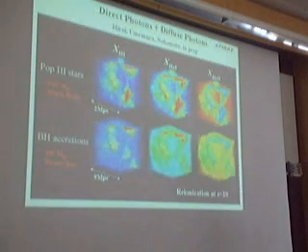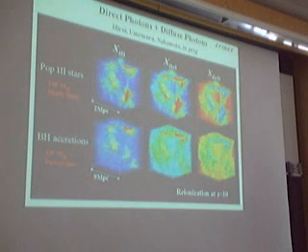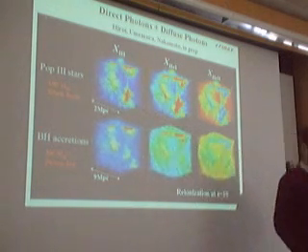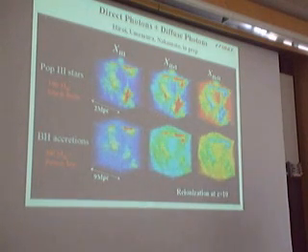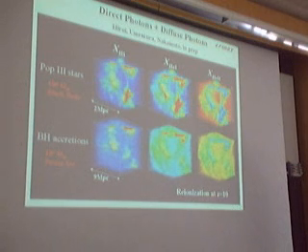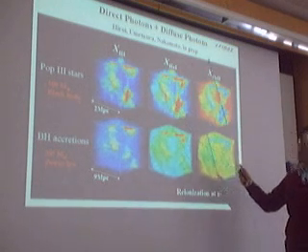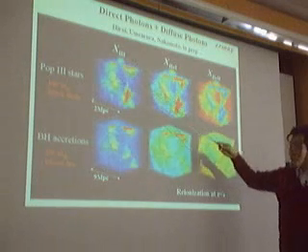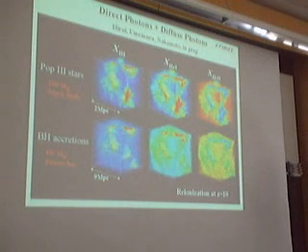We have applied this scheme to the reionization of the universe for point source cases. This is the POP3 case, and this is the black hole accretion case. I will not go into the details of this calculation because I have no time, but we can see the very detailed differences between the sources.